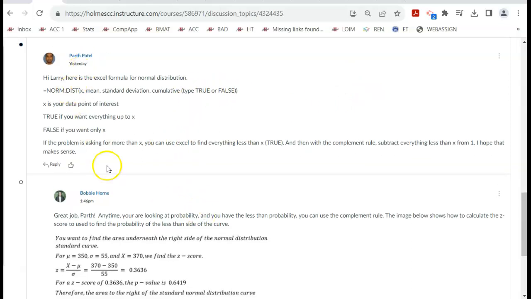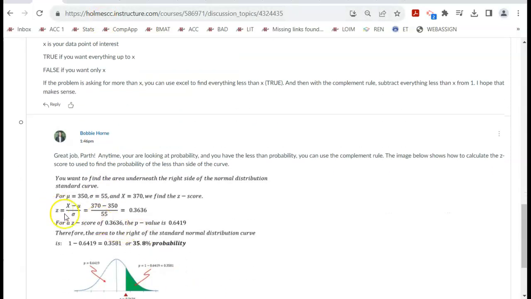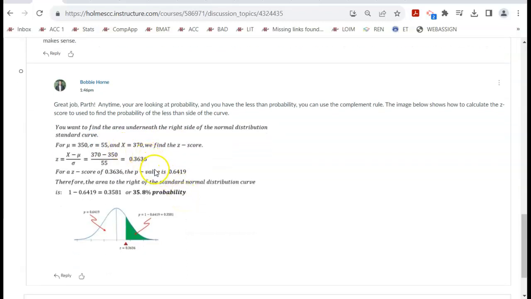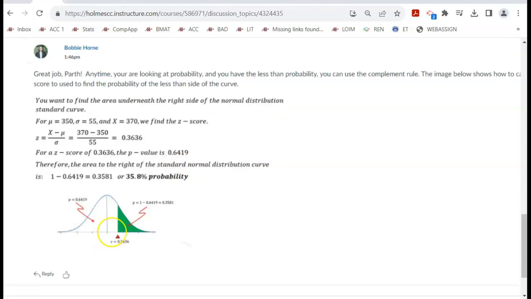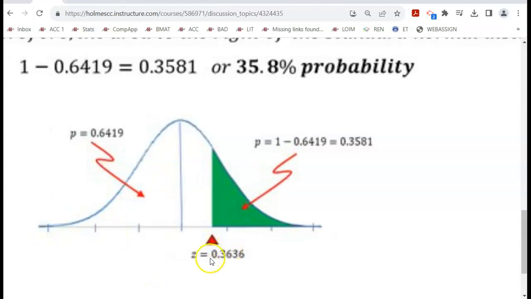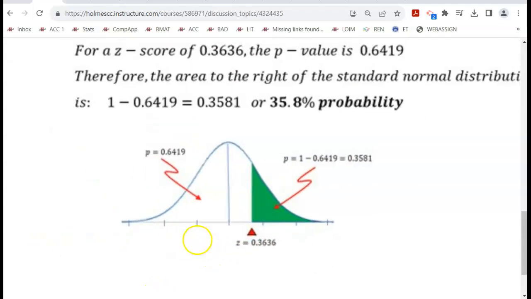So the example I have, they're actually calculating the z-score and then putting the z-score into Excel, or you can skip that and go straight to Excel and put in the mean, standard deviation, and X. Either way, you're going to get the value of the left side of the curve. So the value of the side that is white is what you're going to get, that area.